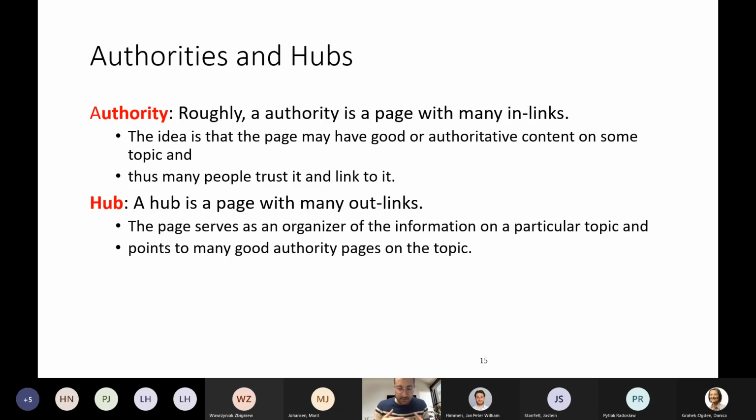This method tries to rank web pages, but in fact it is more suited for ranking research articles. It has two notions: one notion of authority and one notion of hub. An authority is a page, or an article, with many in-links, so it's an article that is highly cited. A hub is a page with many outlinks.